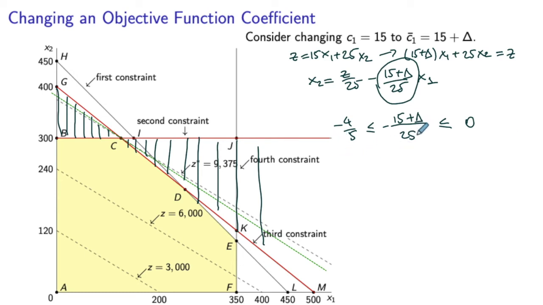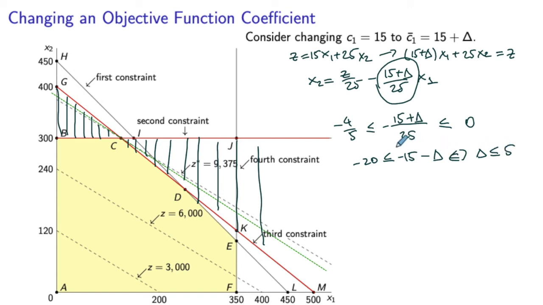In order to determine the range of values for delta, now what we need to do is to solve this system of inequalities. So we have two inequalities, right? Multiplying both sides of the left inequality by 25, we will obtain minus 20 is less than or equal to minus 15 minus delta, which is equivalent to delta being less than or equal to 5.